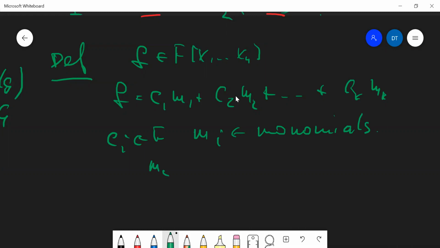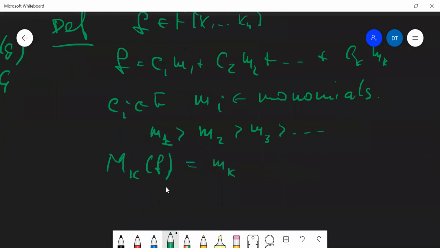I write them in descending order. Then I want to introduce this notation. The kth highest monomial of f is just mk. So the first highest monomial is m1, the second highest monomial is m2, the third highest monomial is m3, etc.